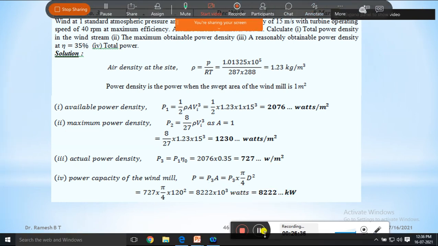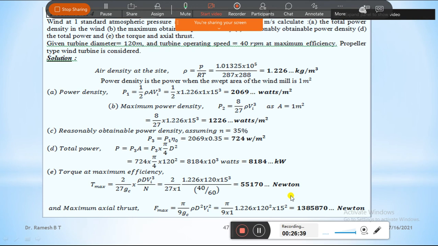Next, fourth problem. This problem may also be asked for 6 to 8 marks.